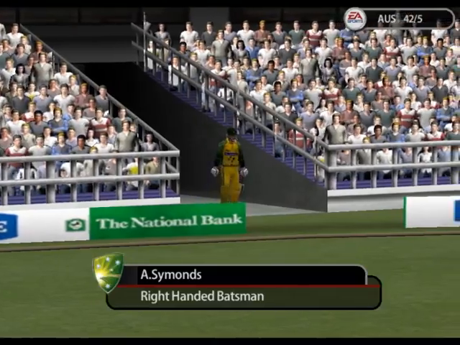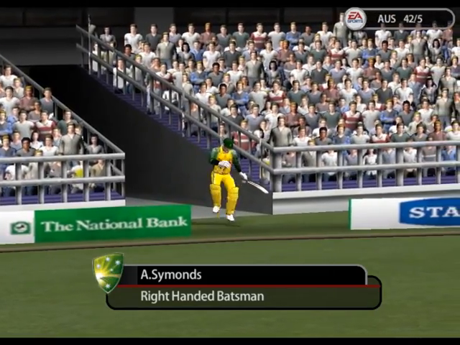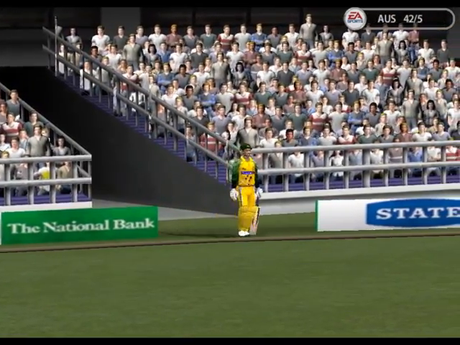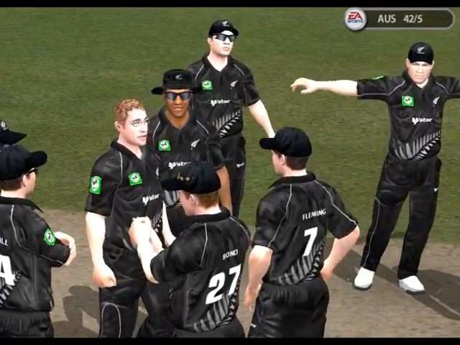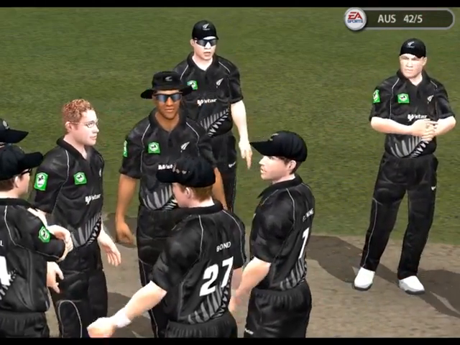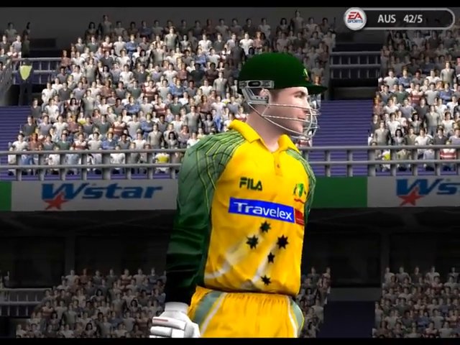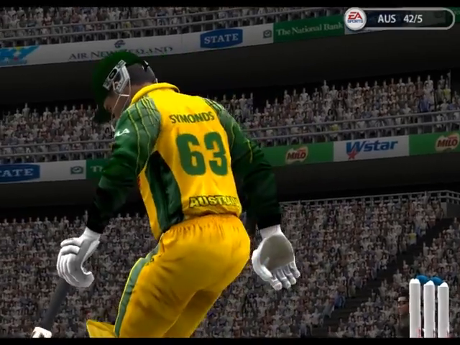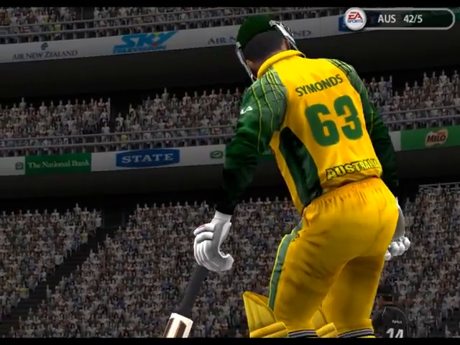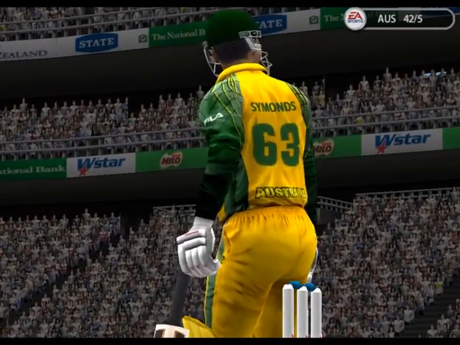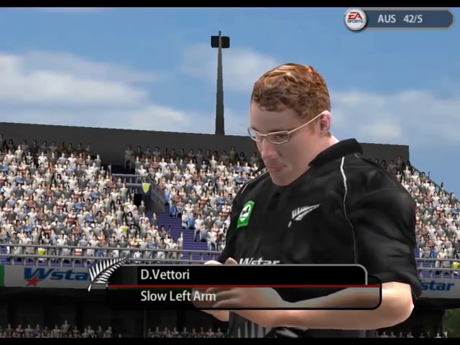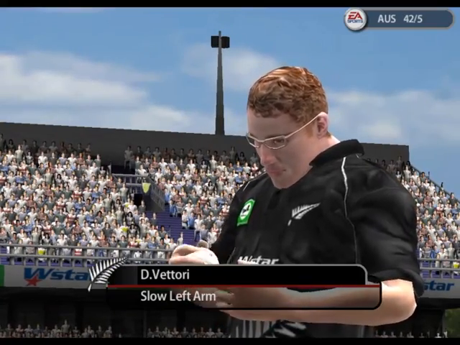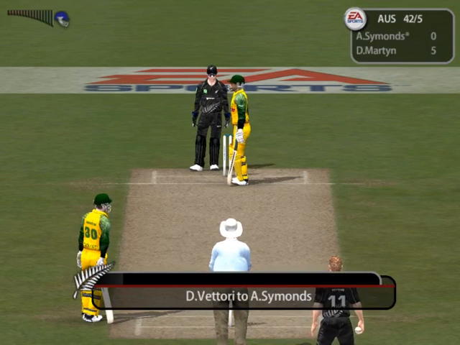The next batsman in is right-handed Simons. Simons facing.